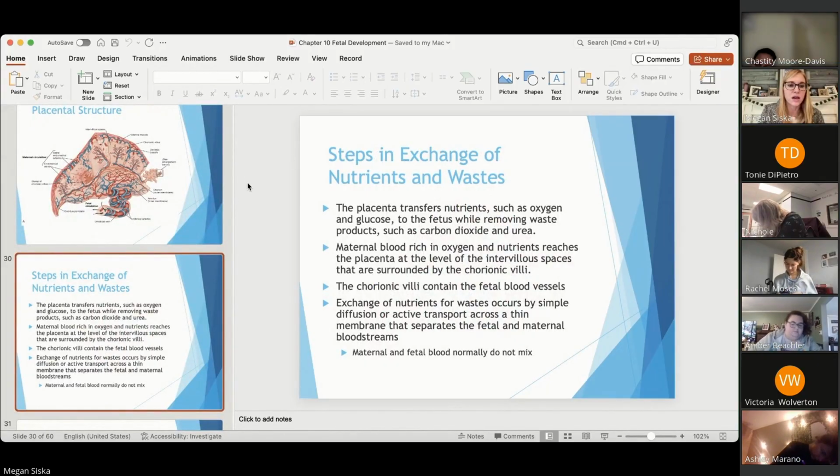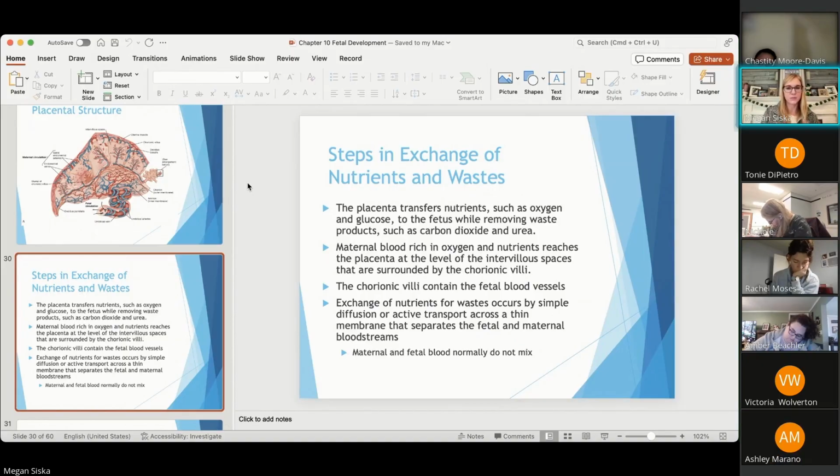Okay, so let's talk about the steps of that exchange process from mom to baby. The placenta transfers nutrients like oxygen and glucose to the baby, while removing waste products like carbon dioxide and urea. Mom's blood that's rich in oxygen and nutrients reaches the placenta at that intervillous space.